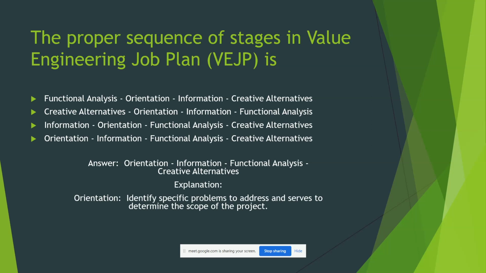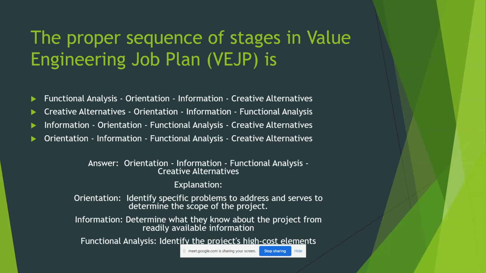The explanation is that in orientation we would like to identify specific problems to address, which serves to determine the scope of the project. So this phase is the first to determine the scope of the project, and then we would like to collect the information, and we would like to know about the project from whatever research is readily available.